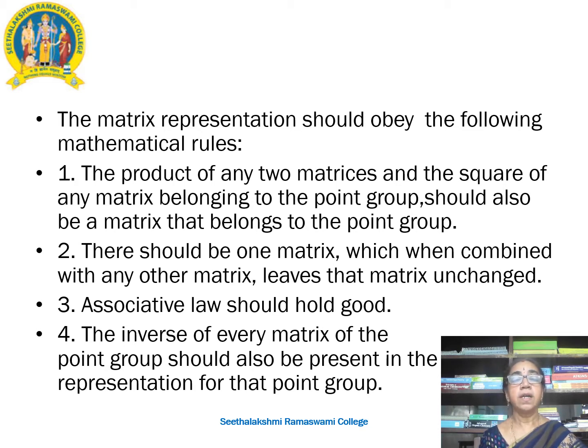The rules are: the product of any two matrices and the square of any matrix belonging to that point group should also be a member of that point group. And there should be one matrix which, when combined with any other matrix of the point group, leaves that matrix unchanged. The associative law should hold good. Finally, the inverse of every matrix of the point group should also be a member of the representation in the point group.